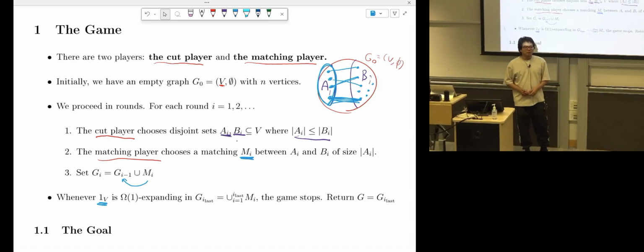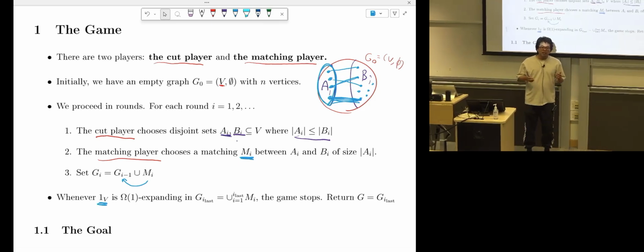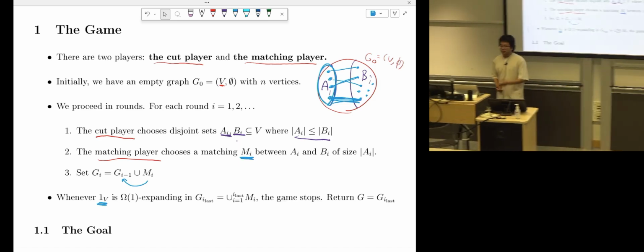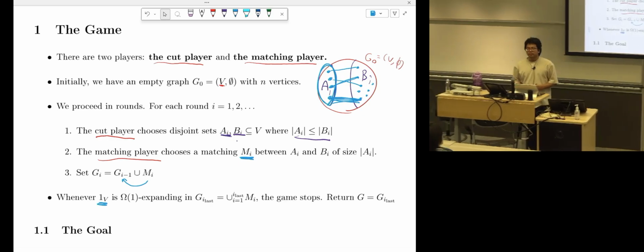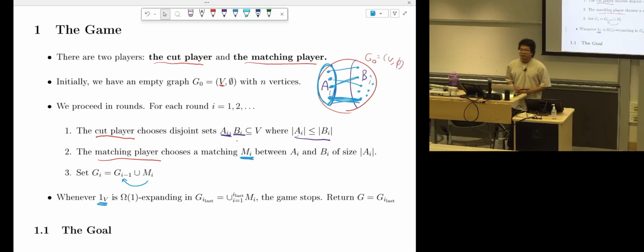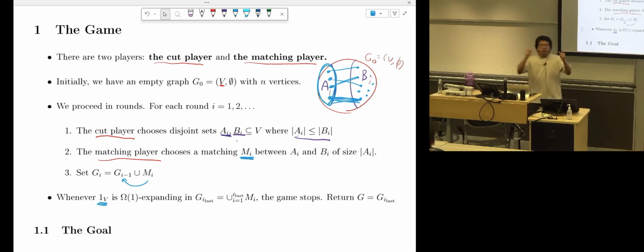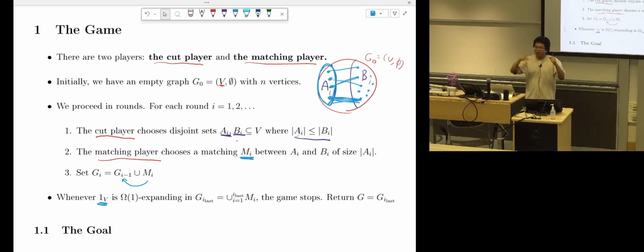So he tries to choose a matching so that the graph doesn't become an expander, like tries to delay the process as much as possible. The edges in the matching, can they be already in the graph, or does it have to be a new edge? If there was an edge from U to V already, you could add a parallel edge from U to V again. Oh, like a multi-edge. Yeah, you can have multi-edges in this graph.